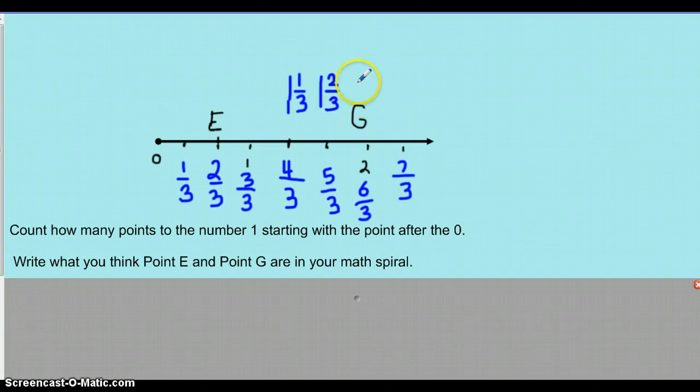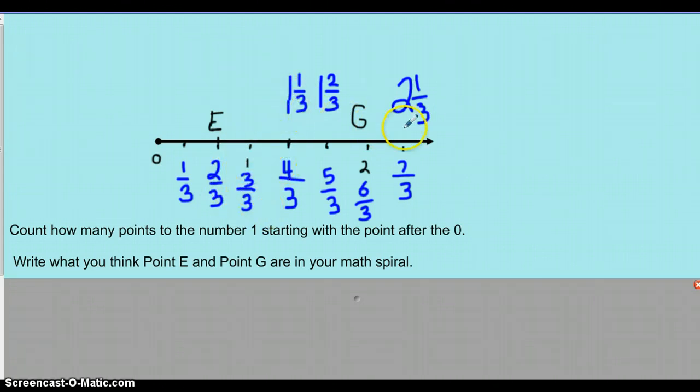And 1 and 3/3 is 2, which is right there. And then 2 and 1/3. Okay. And of course, 3/3 would be 1.